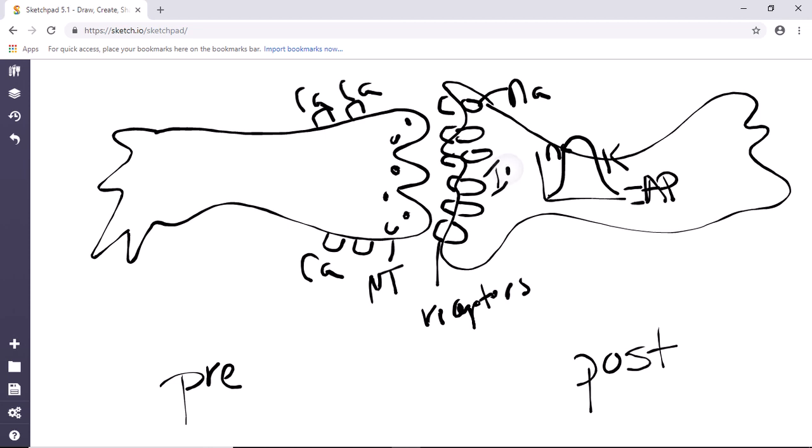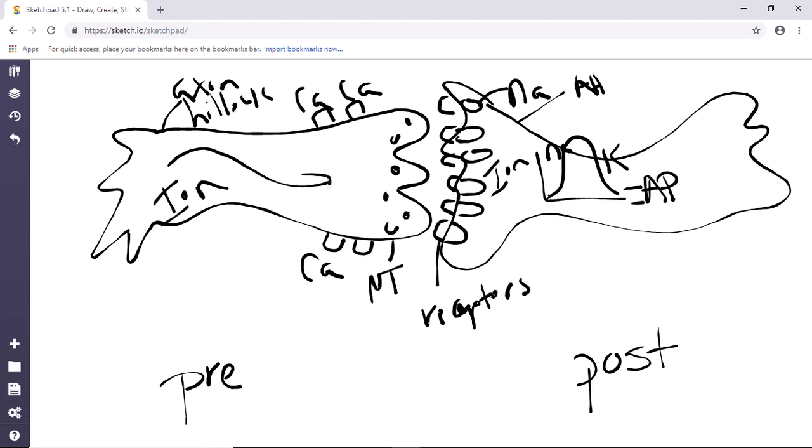And then you not only have sodium ion channels here, you also would have ion channels over here, at the axon hillock. It's the same thing here, axon hillock. That's where action potentials are generated, right? So you generate some kind of action potential.